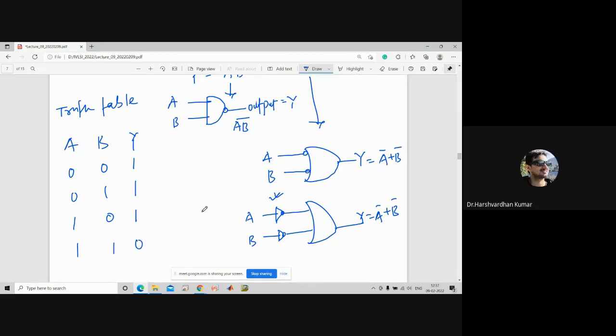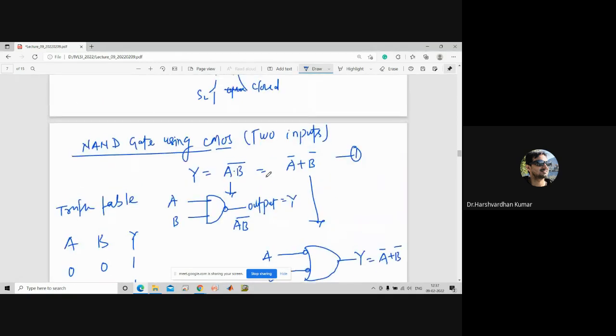How can we design it? We know very well, if you see the operations or expressions, that you can realize we need a combination of AND gate, Y is equal to AND gate, and also you can say OR gate. That is true.